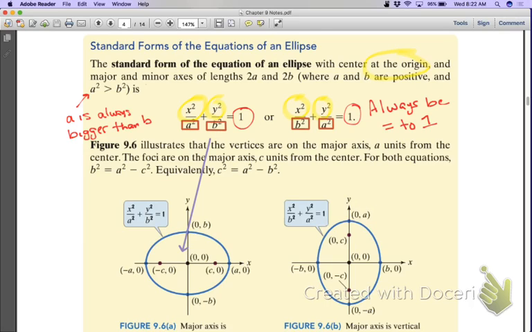If your A is with the Y value, then it's going to be vertical, basically standing on its end.